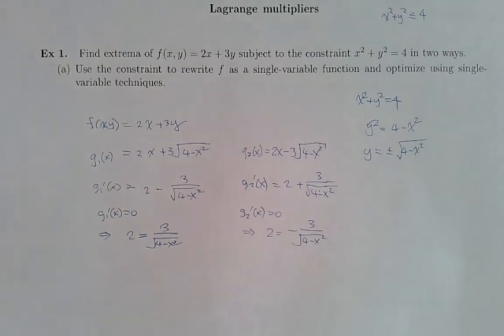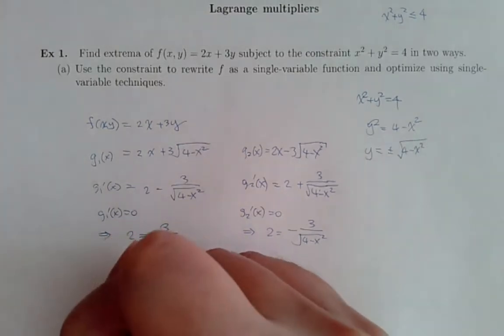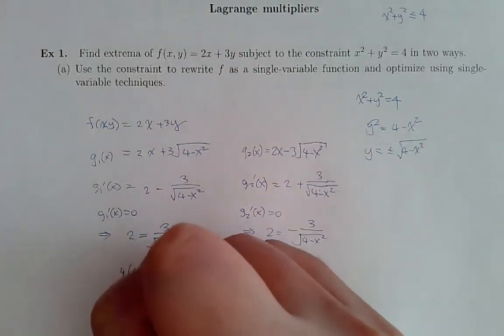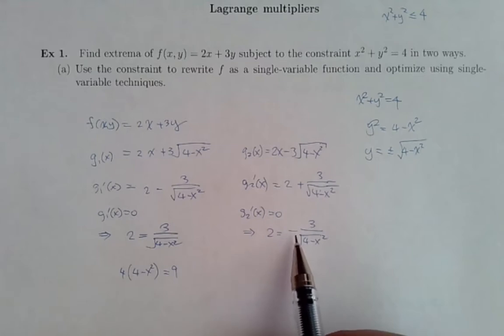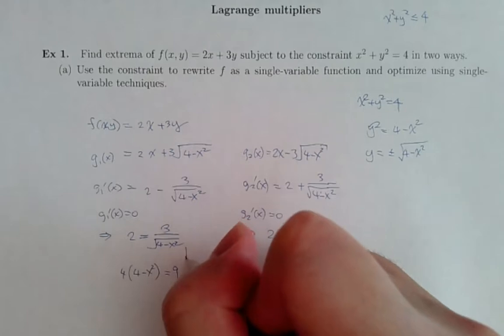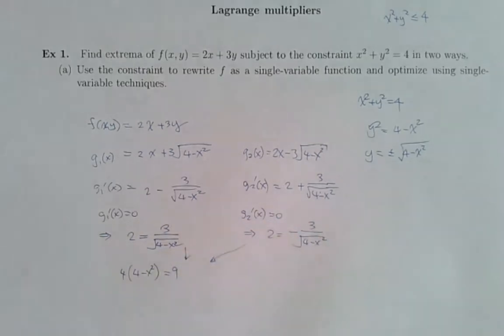Solving this, we just move the radical to the other side, multiply it over, and then square both sides. So we get 4 times 4 minus x squared equals 9. And over there, the minus will get squared away, so it will be equal to negative 3 squared, which is also 9. So this is remarkable. We can stop treating both cases now.